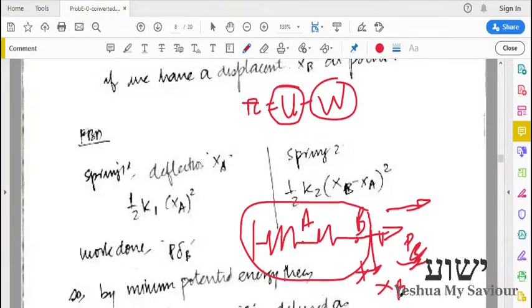I have no delta. I'm using x here. If you find that confusing, pardon me. So I'm using xb here. So that will be the deflection of point B.